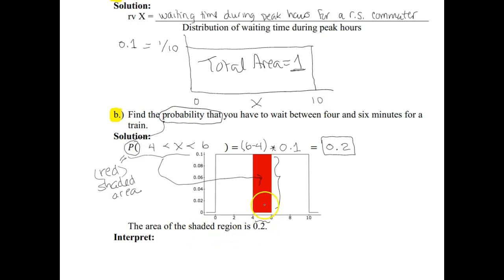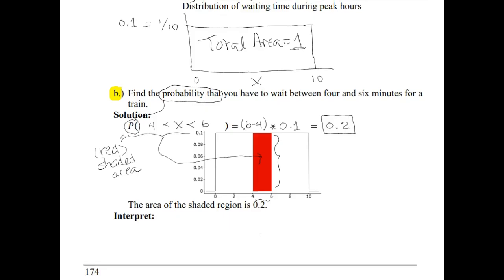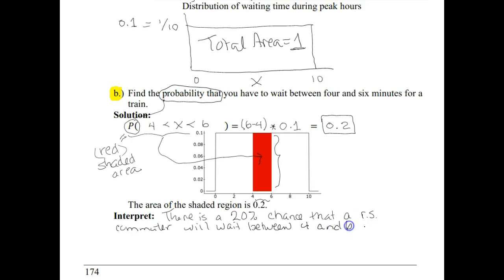So the area of this shaded region here is 0.2, which means in the context of the problem, relating this back to the idea of probabilities, that there is a 20% chance that a randomly selected commuter will wait between 4 and 6 minutes.